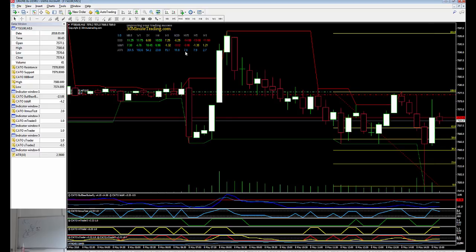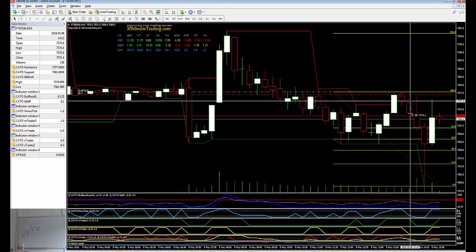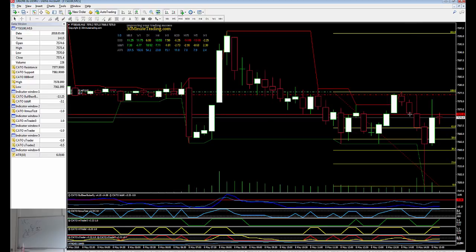And the average true range on that was 7. But some candles, let's take this one here, moved only 4 pips. So you get the idea. It could be 4 pips or it could be 13 pips, but the average is 7.8, which means 8.